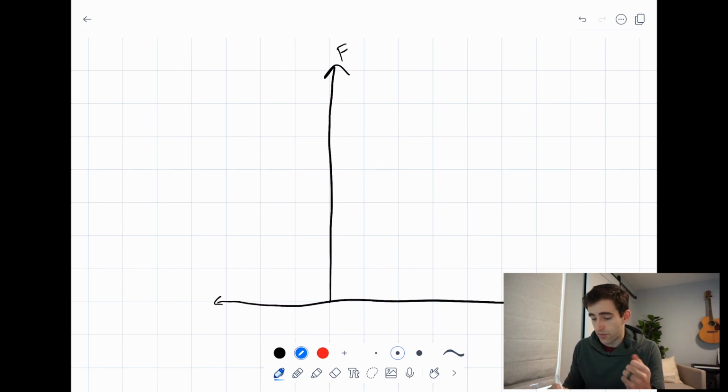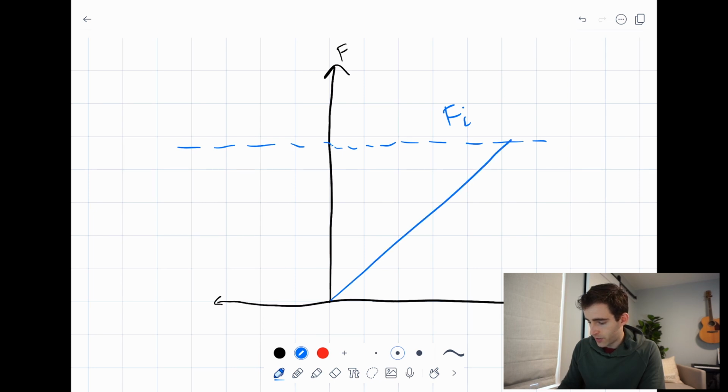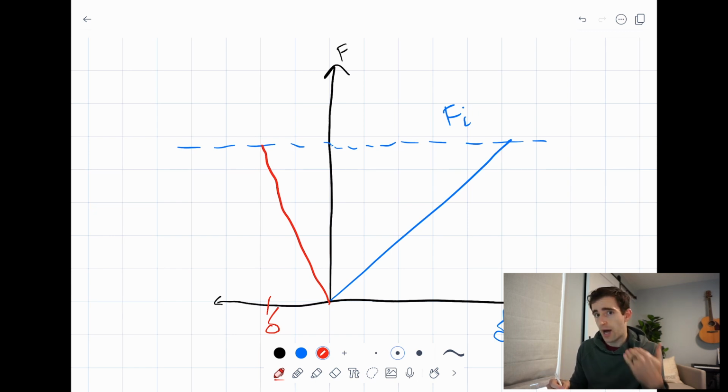So if we preload, if we add a force, we'll call it Fi, the screw is going to stretch with this much deflection, and the clamped material is going to compress. And here I'm showing less compression in the clamped material versus tension in the screw material, which I'm denoting clamped material red, screw material blue. So what I'm showing here is the stiffness of the clamped material is going to be higher than the stiffness of the screw.